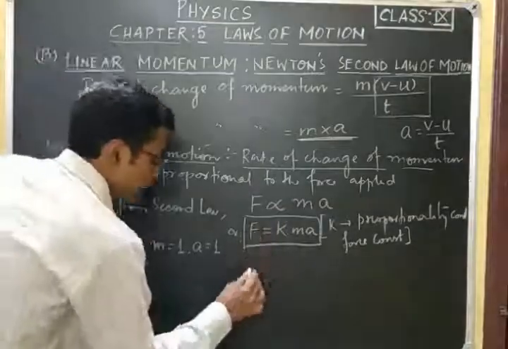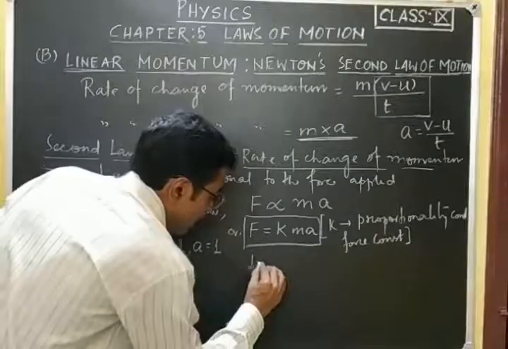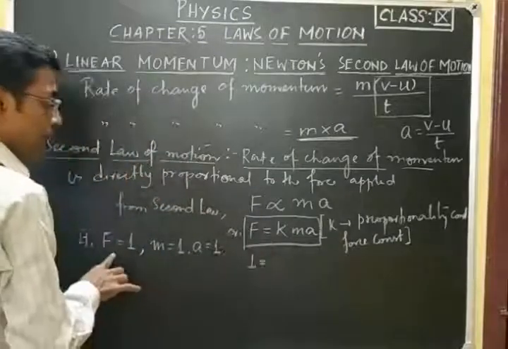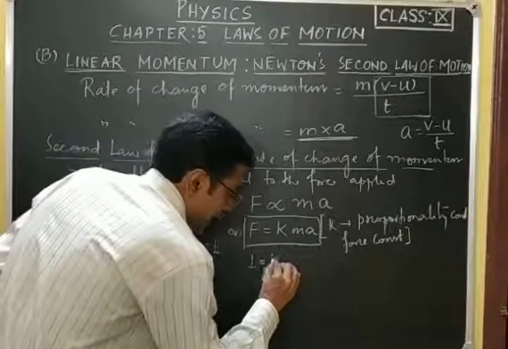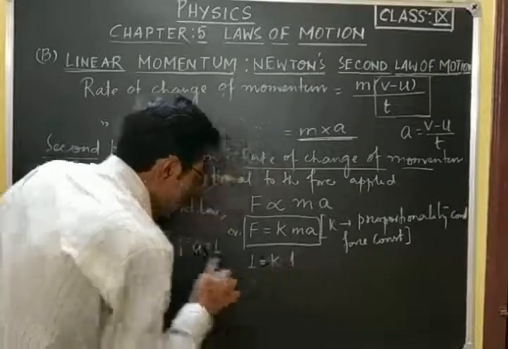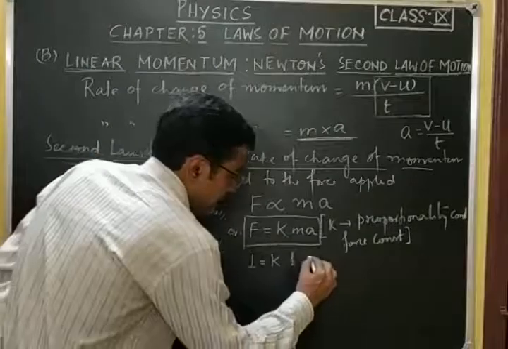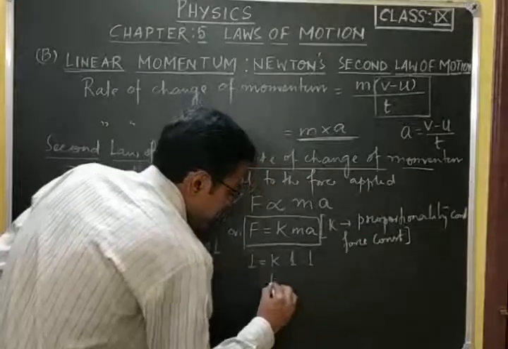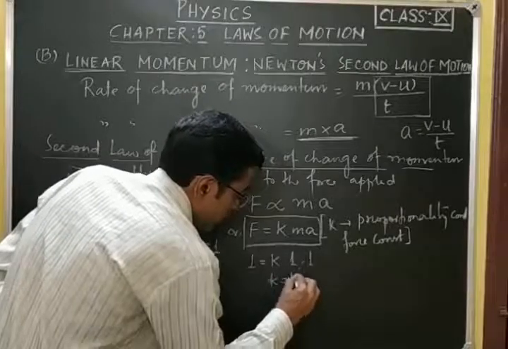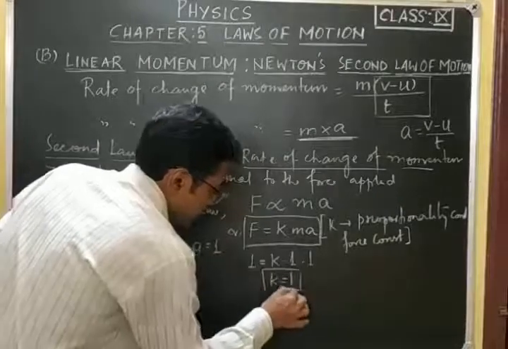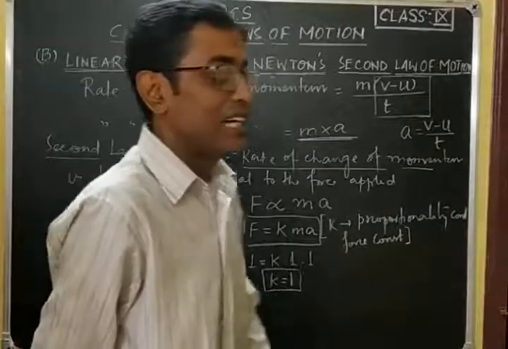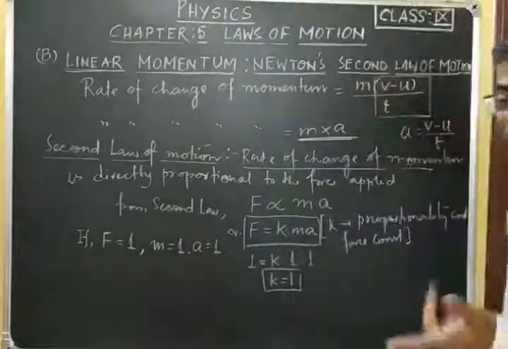So this equation becomes 1 equals K into 1 into 1. That gives me the K value as 1. So in physics we can make this constant value 1 very easily according to our wish.